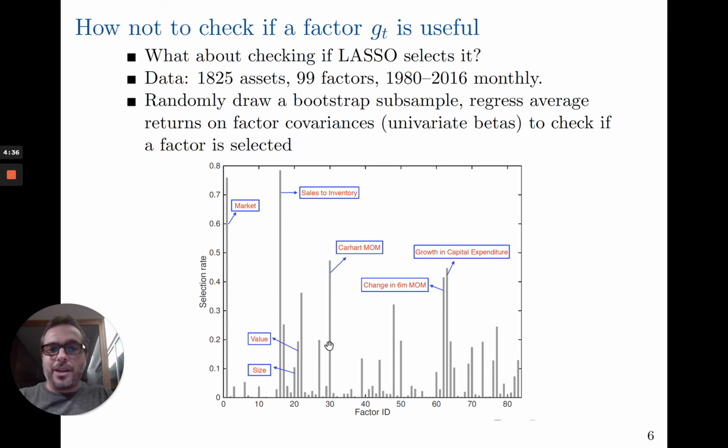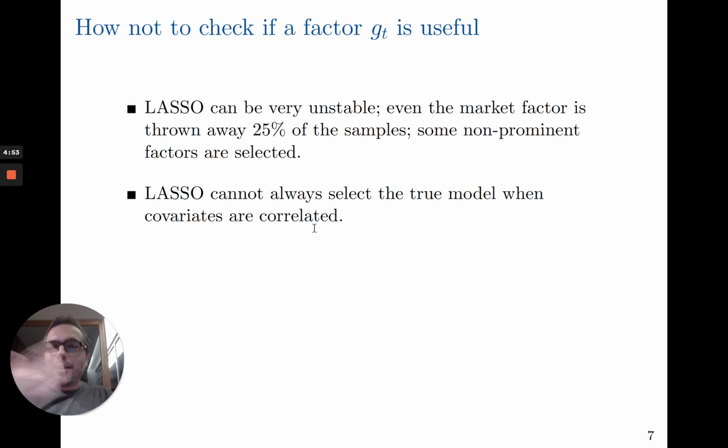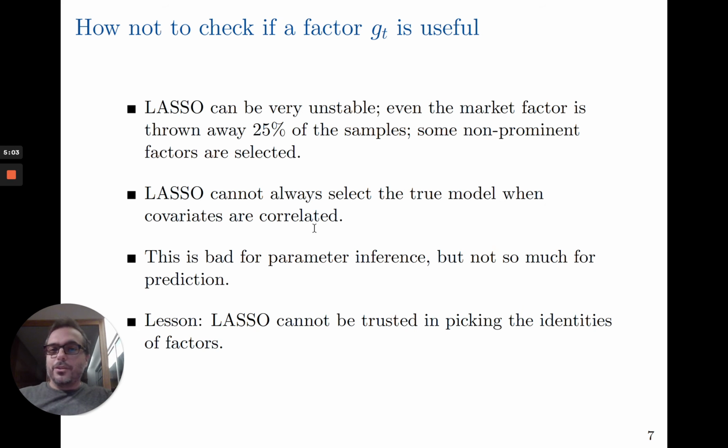On the other hand, you have something like sales to inventory that's selected even more than the market factor. So maybe there's something wrong here, right? Depending on the sample, you can have a completely different set of factors. And so Lasso is very unstable. Lasso cannot always select the true model, and this is because we are making mistakes.